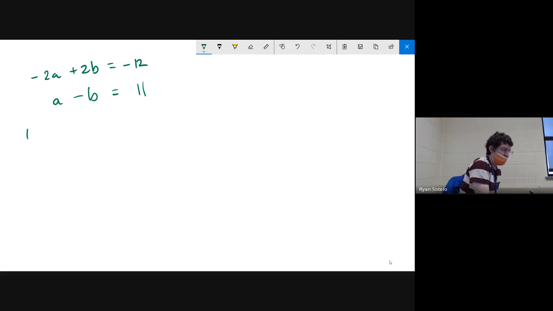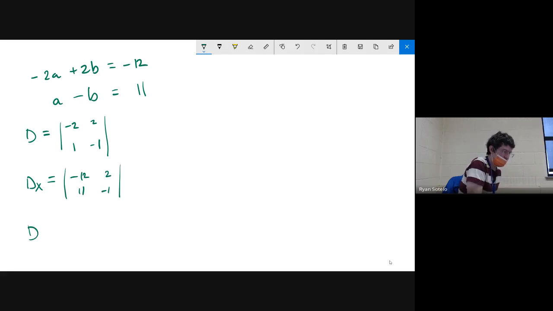Well, I'm going to write my matrices. And then I'll have a dx matrix, which will be -12 and 11, and then 2 and -1. And then I'll have a dy matrix, which will be -2 and 1, and -12 and 11. And I think we'll see it here in the first matrix when we take that determinant.